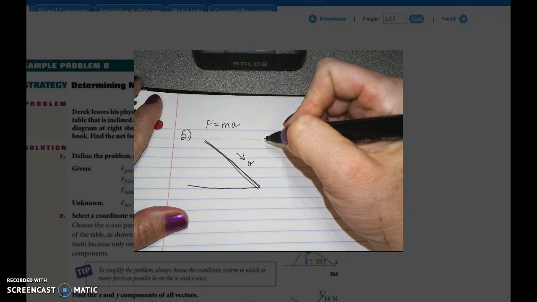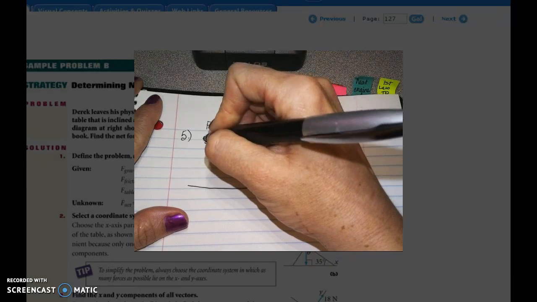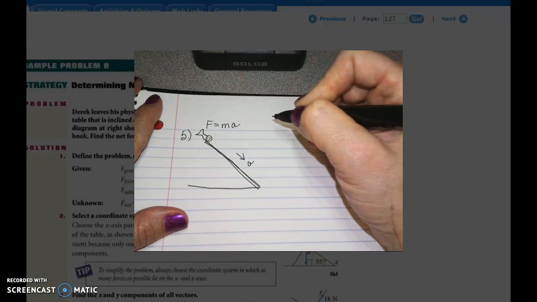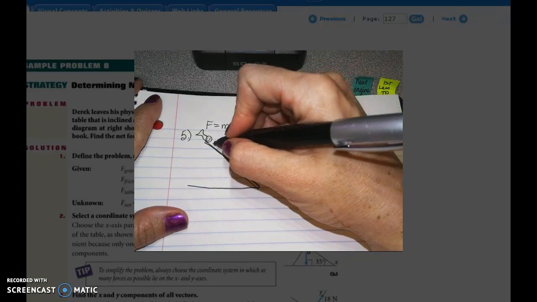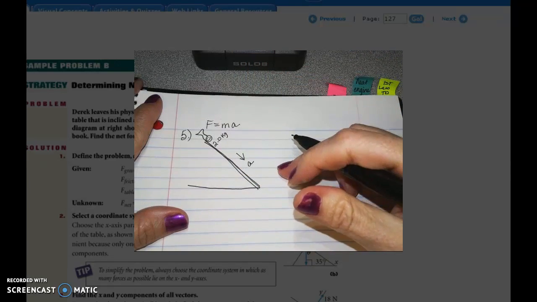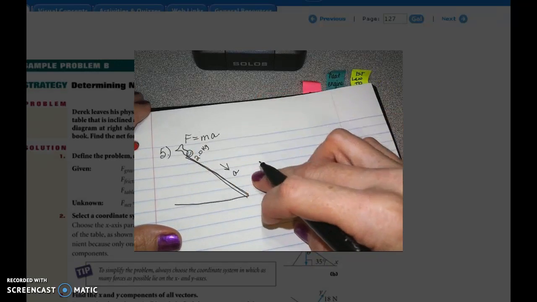So A. We know the mass of this otter guy. Such an ugly otter. Is, what is he, 2 kilograms? And we need to know the net force acting on the otter. Okay. So we need to find out what the net force is down the ramp.